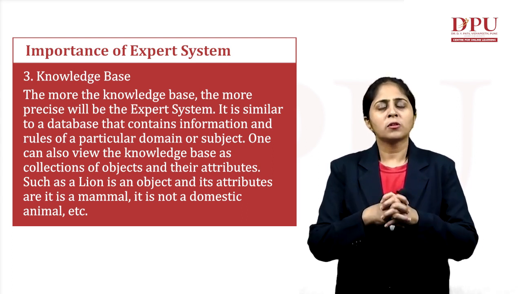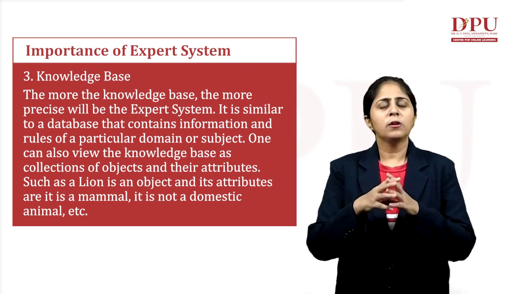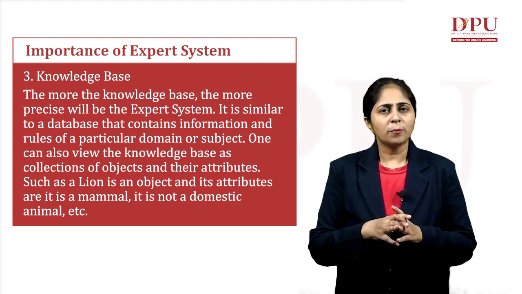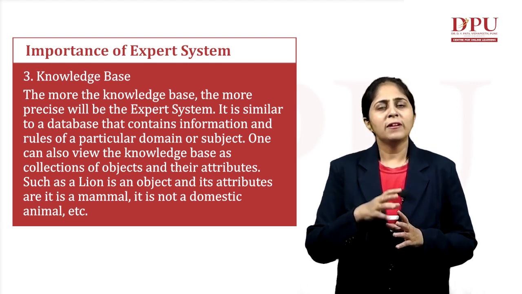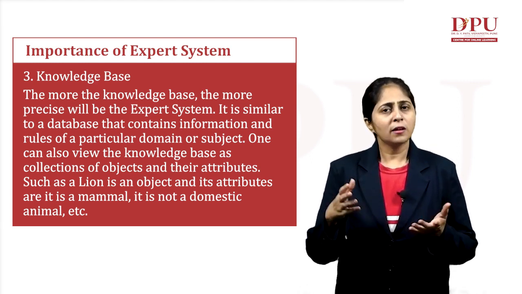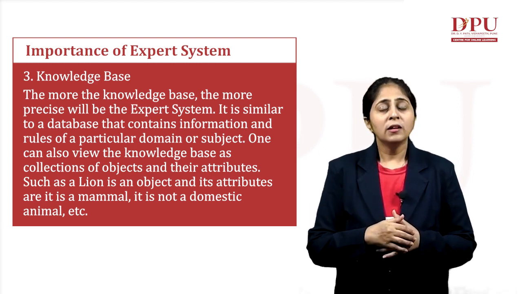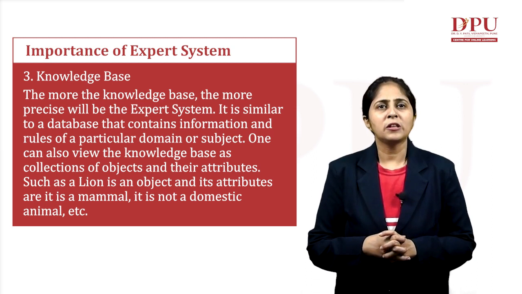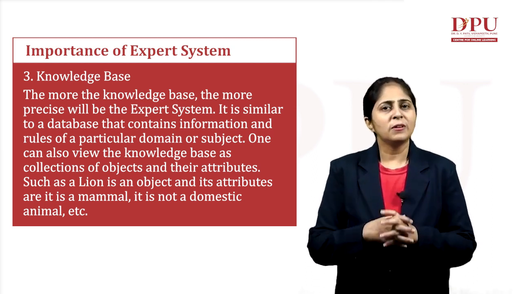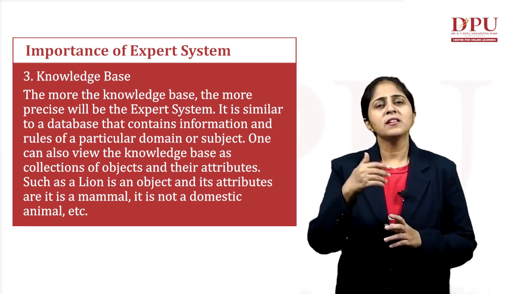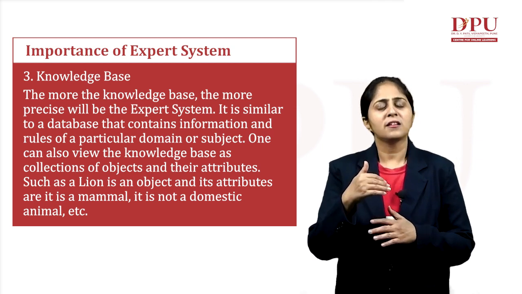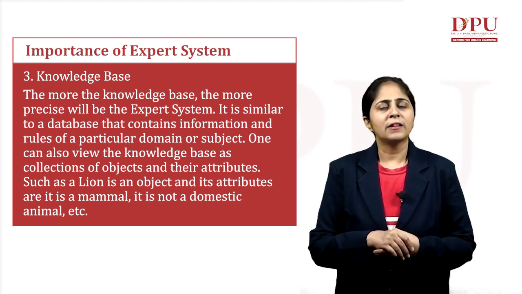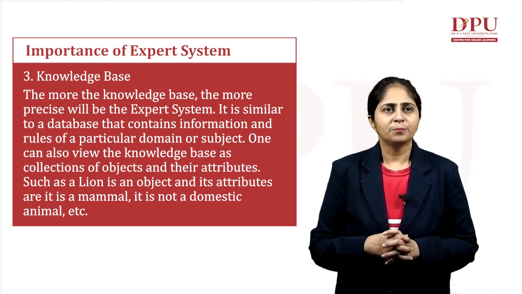Similarly, if we want to use our knowledge base and we're talking about one object, that is a ball, the various attributes of the ball can be the size of the ball, the color of the ball, the purpose of using that particular ball. So ball is going to be our object, and attributes like its color and its size are going to be the attributes of that object.